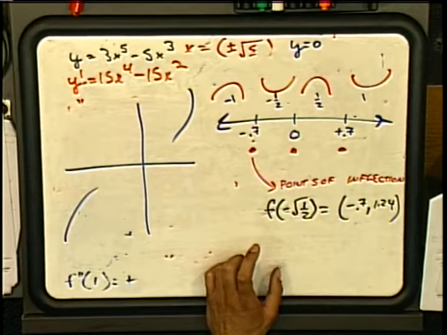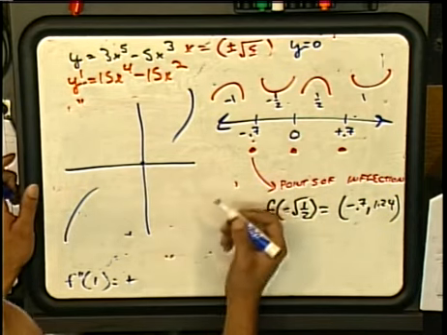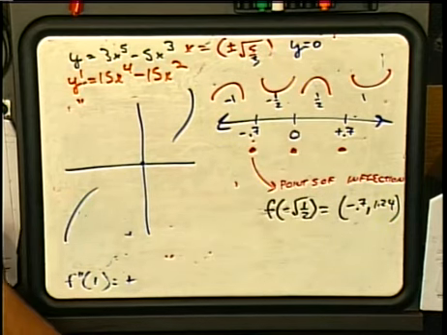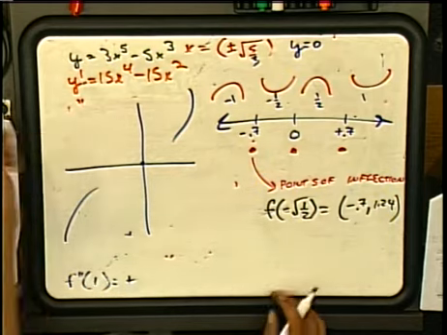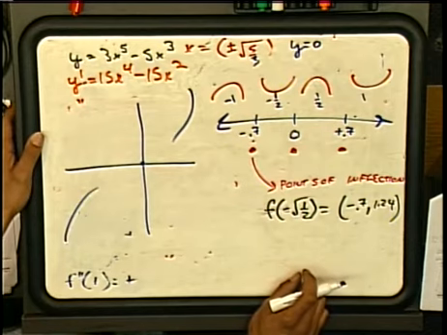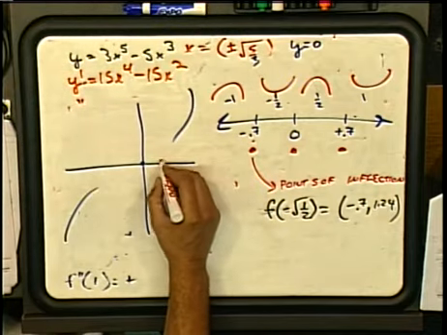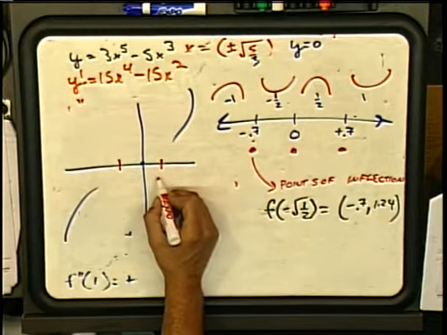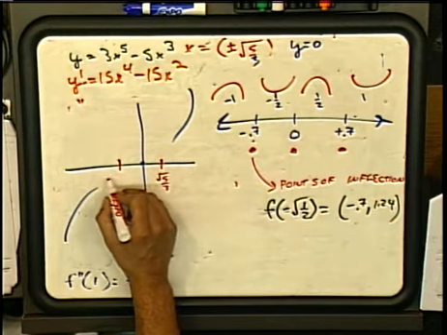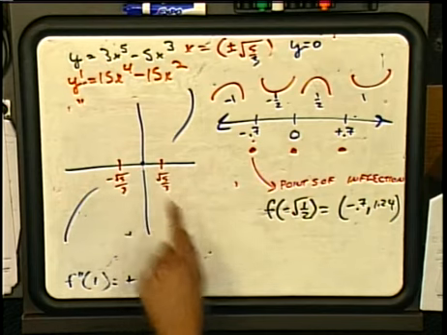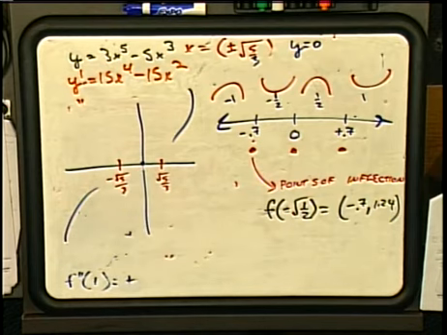Well, we got x-intercepts and y-intercepts first, so you know across right there. Square root of 5/3 is around 1.3. So positive and that's square root of 5/3. Negative square root of 5/3. You know it crosses at the y, 0, 0.